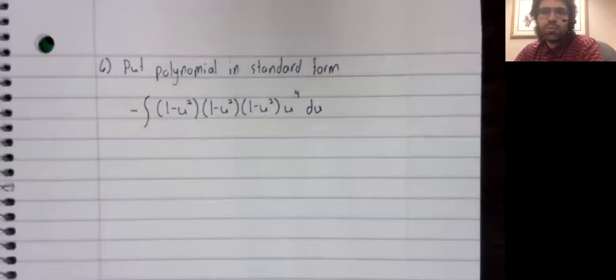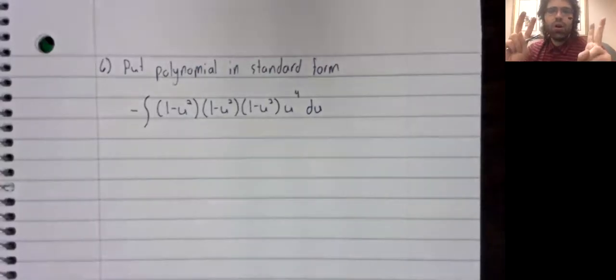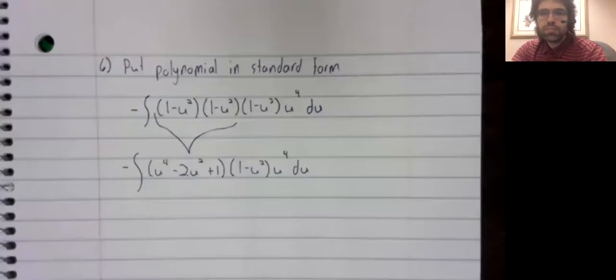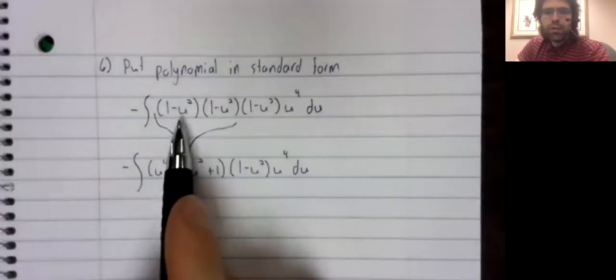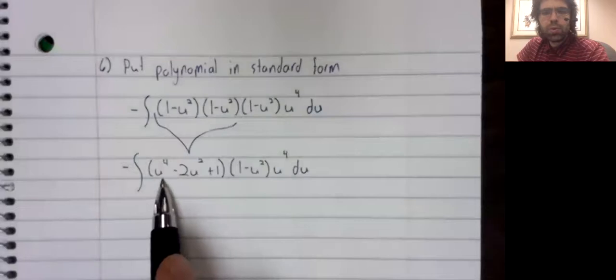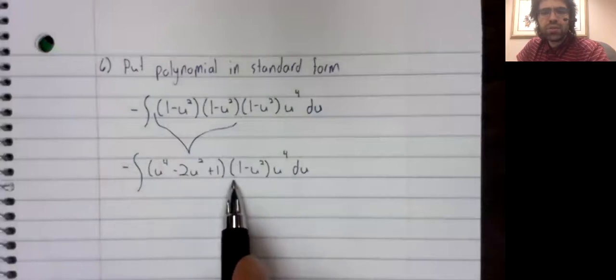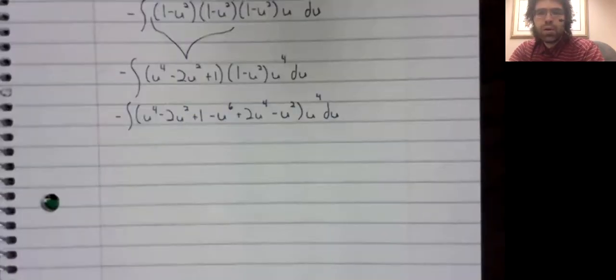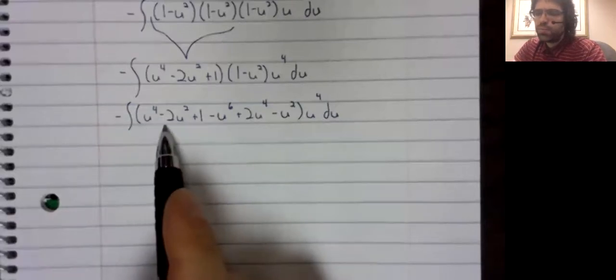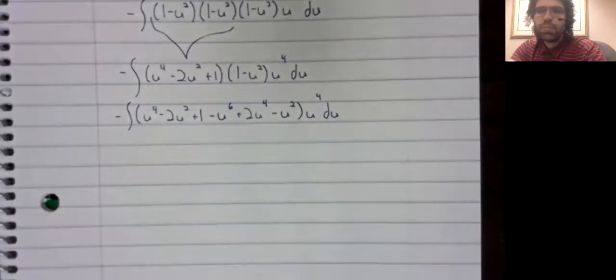And I'm going to do most of this off screen, as it were. I FOILed these out. Now I'll multiply this by this, again off screen. I'll combine all like terms in this sum.